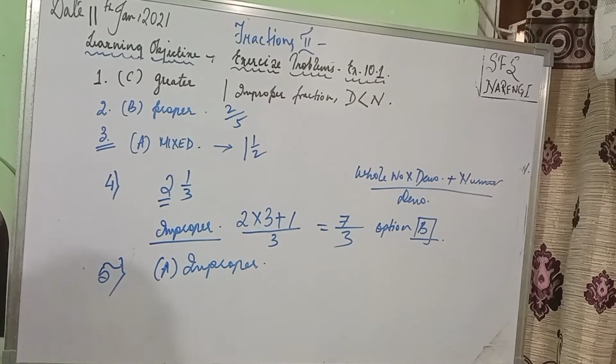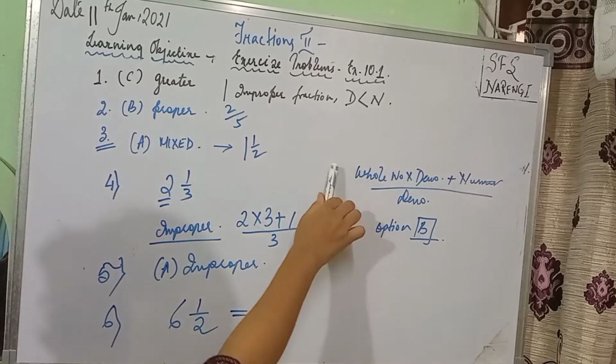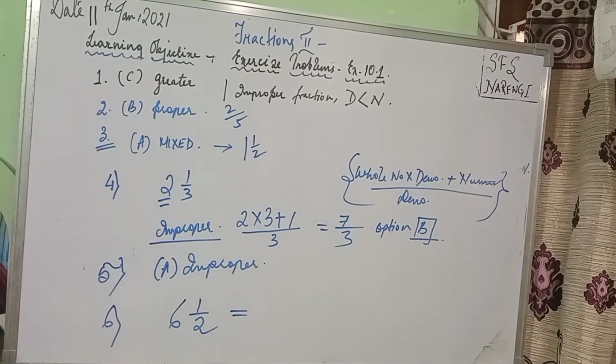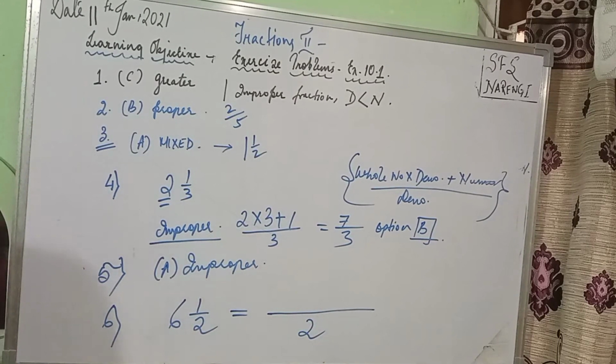Question number 6 is again very simple. You have to convert 6 1 by 2 to improper form. Now to convert a mixed fraction into an improper form, what did we do? This is the formula that we use. Whole number multiplied by the denominator, add the numerator, and then express it under the same denominator.